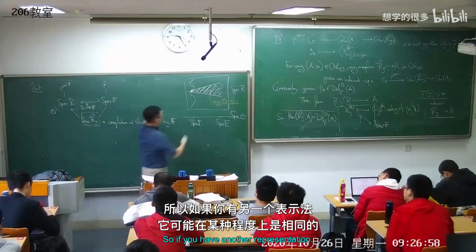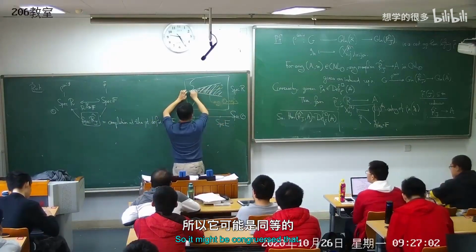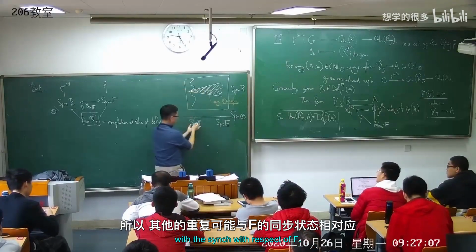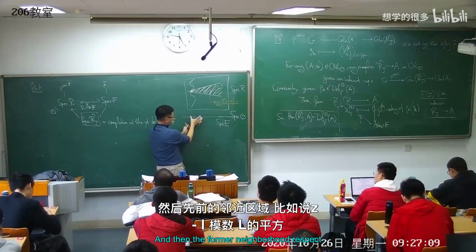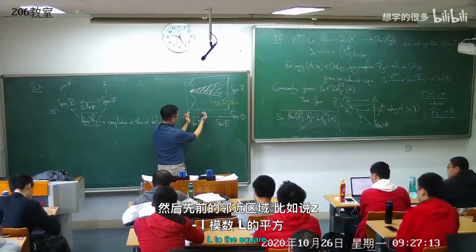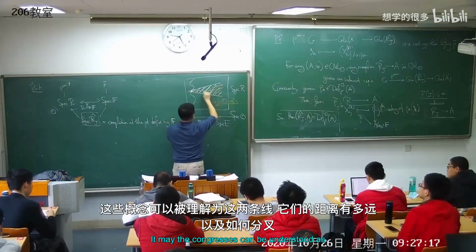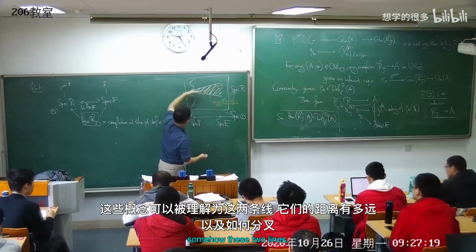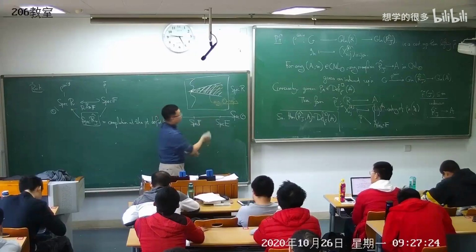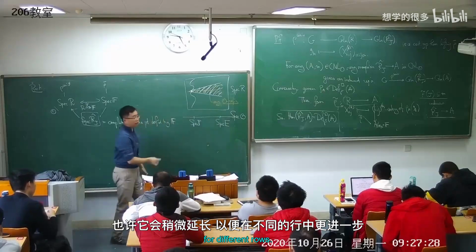So if you have another representation, it might be congruent to that for a bit. What happens is that the other representation might go along and think of it as a spec of F, and then the formal neighborhood will be spec of, say, Z_l mod l squared, l cubed, and so on and so forth. The congruences can be understood as how far these two lines bifurcate. Maybe they will go a bit longer so that they are congruent a bit further for different rhos.